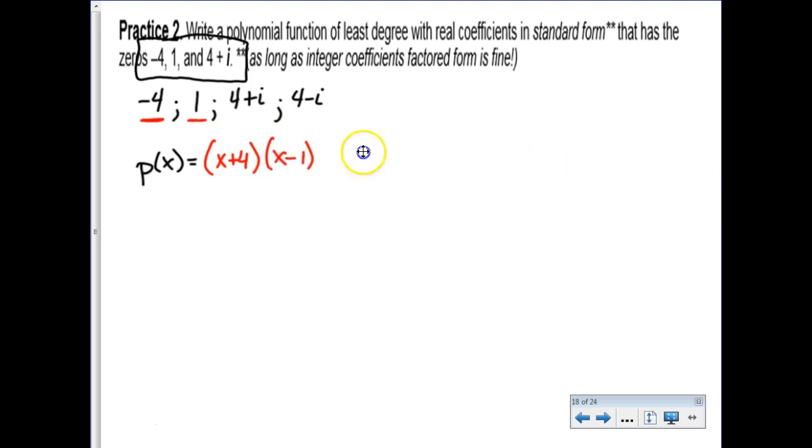When you write this as a factor, you're going to write x minus, and then another parenthesis set, 4 plus i. Remember that weird double parenthesis thing we had on the last question? Same thing here. And then this next one is going to be x minus, this time 4 minus i.